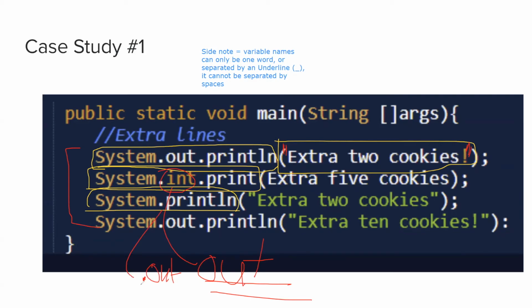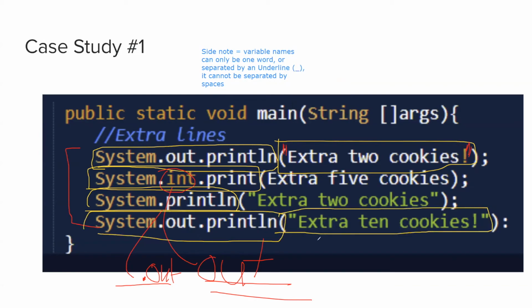You need that, okay? And then the last one, it's a little more tricky, a little hard to find. We have system.out.println, right? This is perfect. We have extra 10 cookies, it's perfect. But this is a colon. It's not a semicolon. Remember, we need to end with a semicolon. So this has to be a semicolon, right? So this is how we correct these 4 lines for Joe.